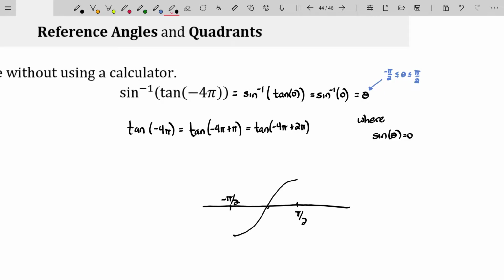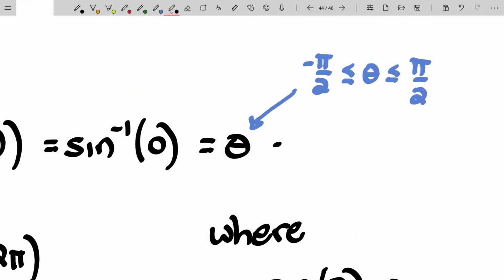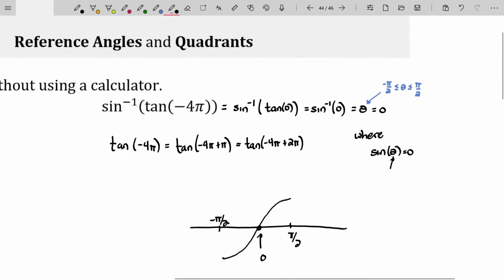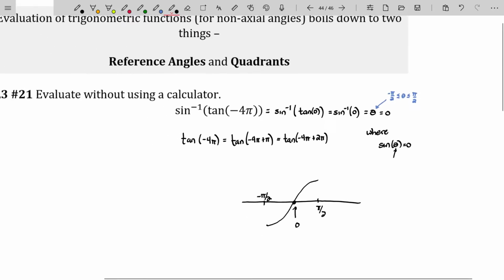And you will see at 0, it crosses the x-axis. That is, sine of 0 is 0. So therefore, the angle is going to be 0. Because again, sine of 0 is 0. Kind of a fast example.